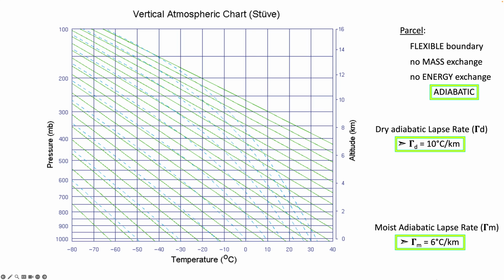Now you'll notice that the moist adiabatic lapse rate is less than the dry adiabatic lapse rate. In other words, the rate at which temperature decreases in a rising saturated parcel is less than the rate at which temperature decreases in a rising dry parcel. The reason for this is that inside of our rising saturated parcel, as we cool saturated air, some of that vapor is going to condense to form liquid droplets and basically a cloud.